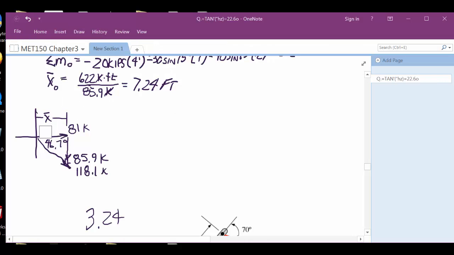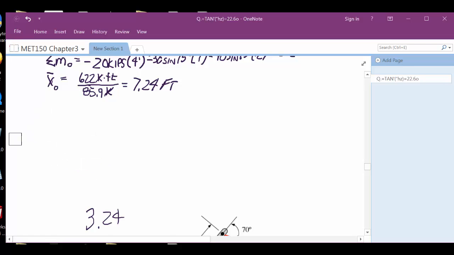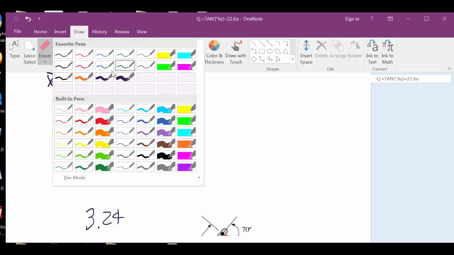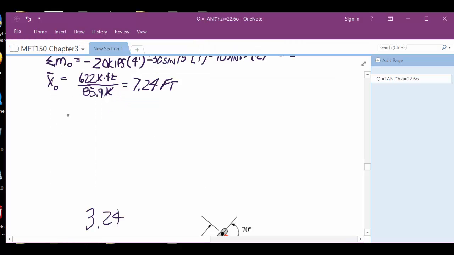Let's just redo that all together. Numbers are all okay, but the direction. You should have stopped me before I got to there. So we went to the left 81, right? And down 85.9, was it?